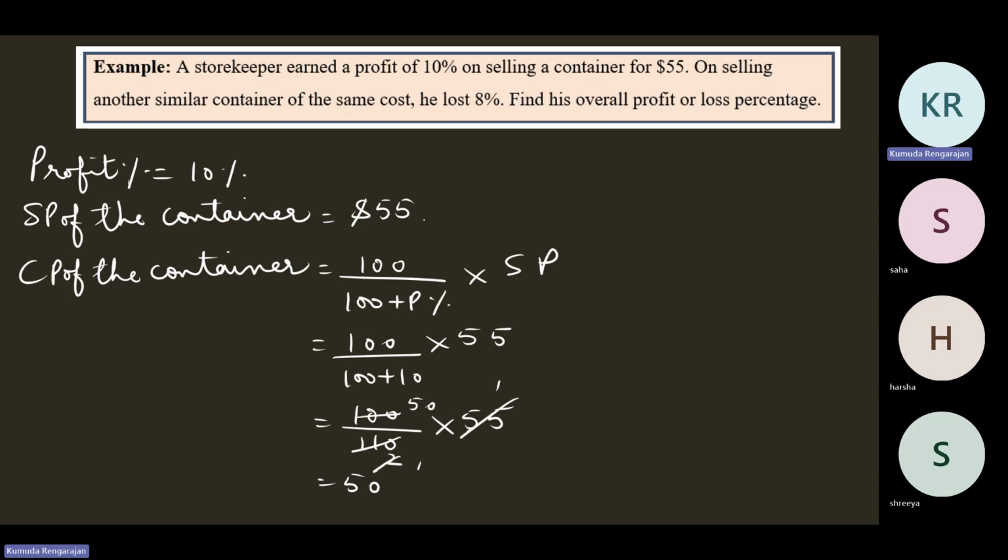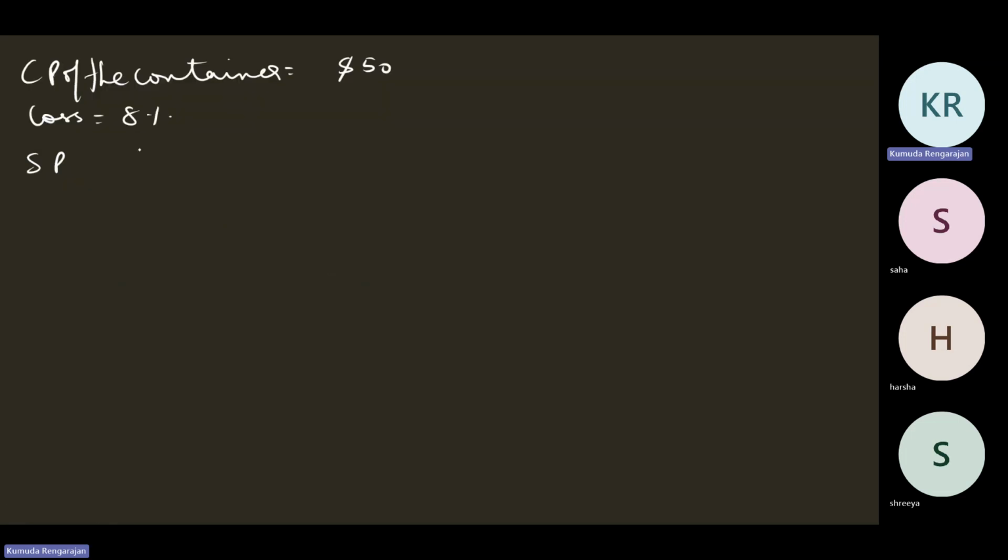So with this profit percent and SP, we found the CP. This is over. Now, this is a different situation. A similar container, so the cost price is the same, $50. But a similar container, which costs $50, is sold at a loss of 8%.